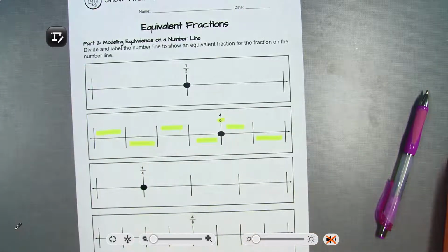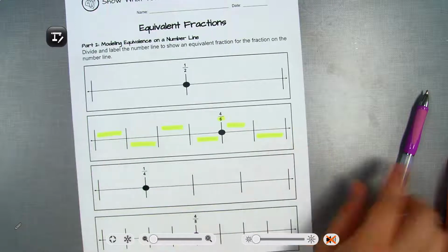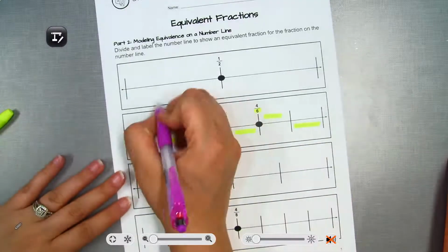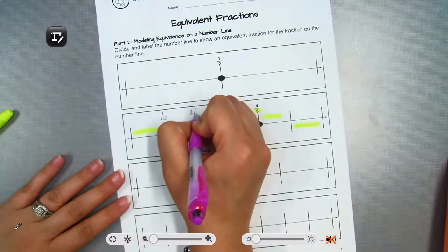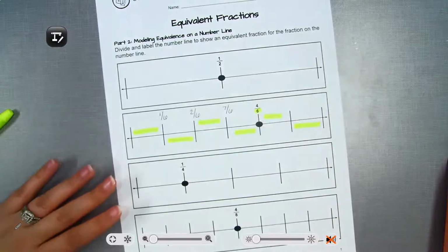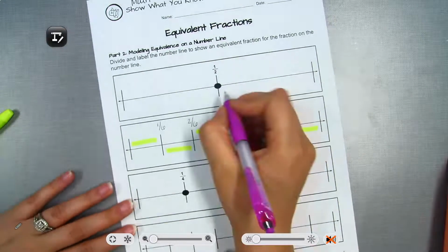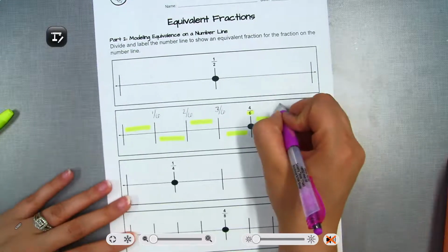So what I'm going to do for this one is write the rest of the fractions. So this would be 1/6, 2/6, 3/6, 4/6, and 5/6.